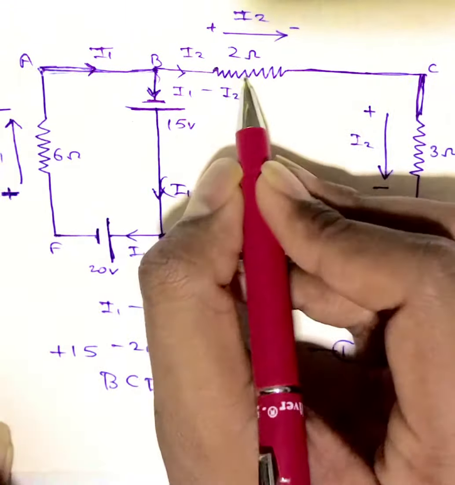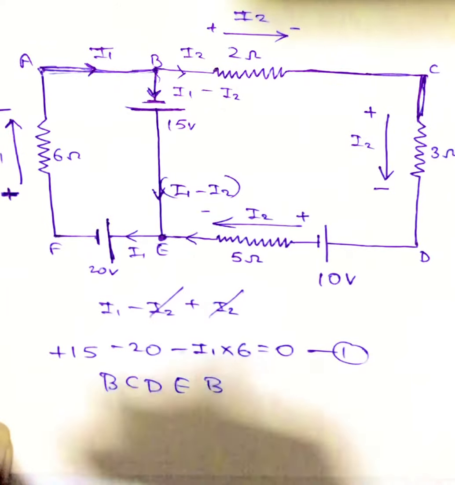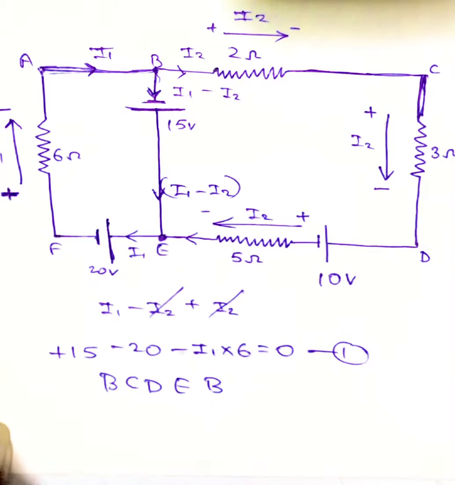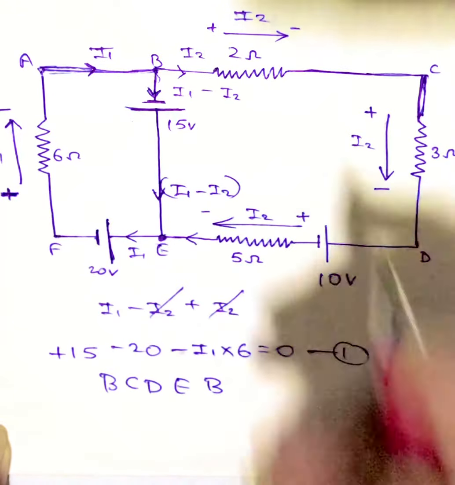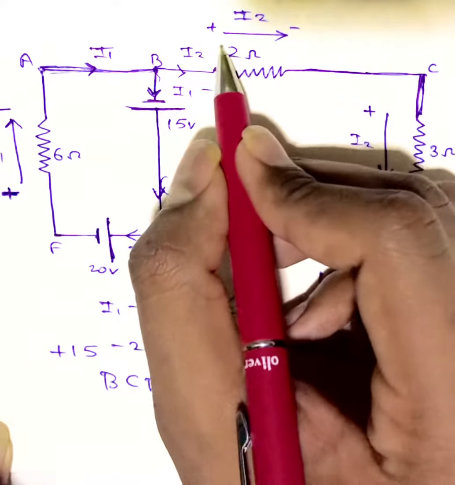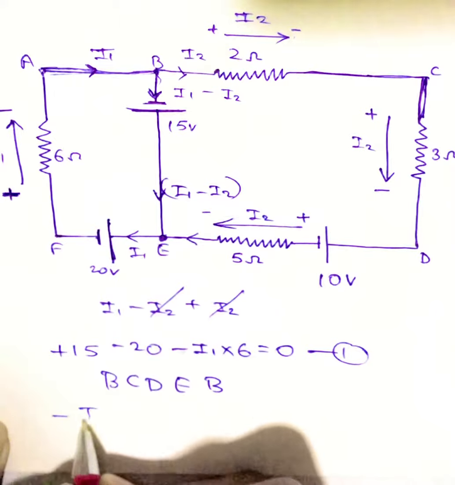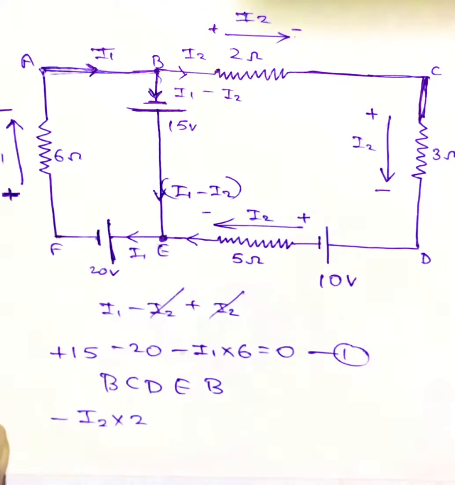And what is the value of this potential drop? I2 into 2, because the formula for voltage is V equals I into R. The current through this 2 ohm is I2 and the resistor is 2 ohms, and we are moving from positive to negative, therefore we consider it as minus I2 into 2.